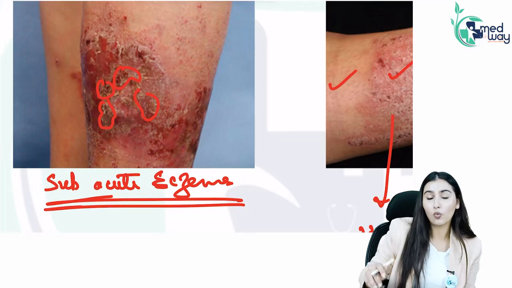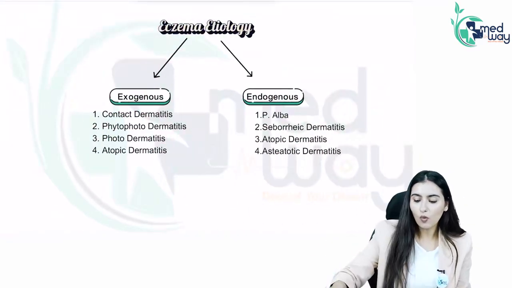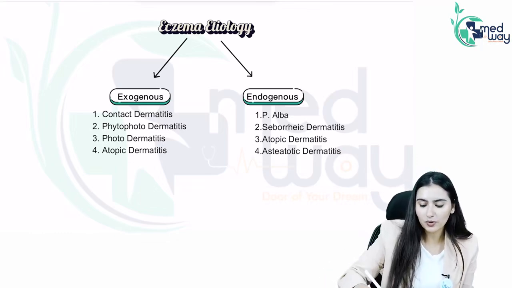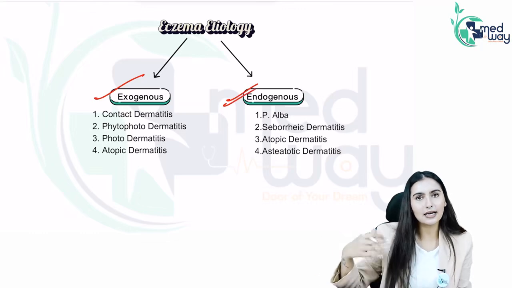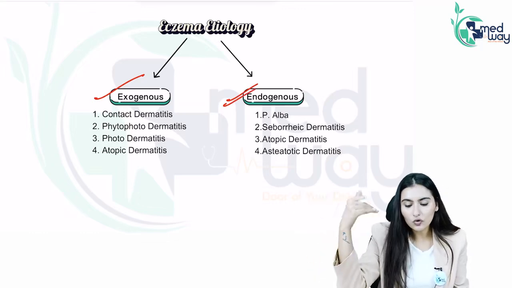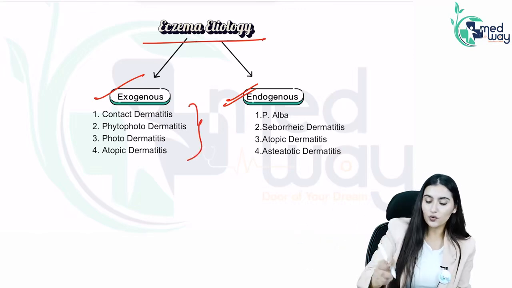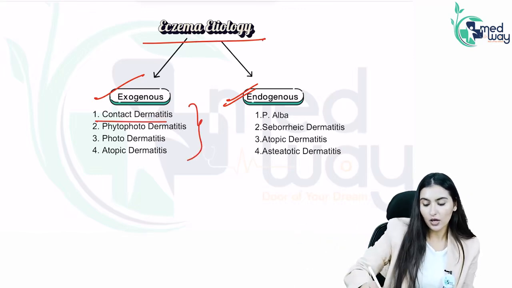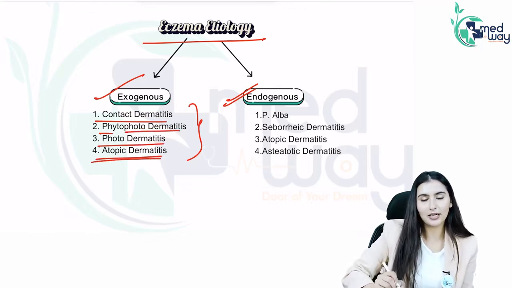What is eczema? Your skin reacting to some stimulus. Now, what can be the stimulus? I've told you the stimulus can come from outside, that is exogenous stimulus, and it can come from inside, that is endogenous stimulus. When it is exogenous stimulus, the eczemas you get are different. When it is exogenous, you can get contact dermatitis, phytophotodermatitis, photodermatitis and atopic dermatitis.